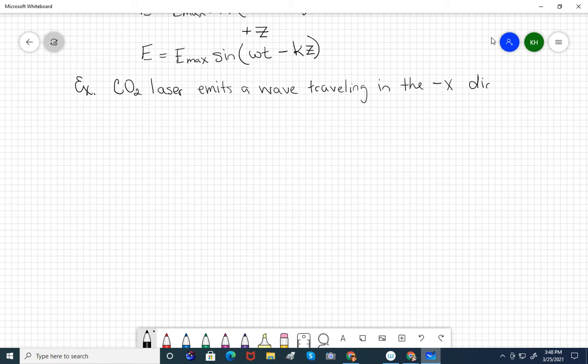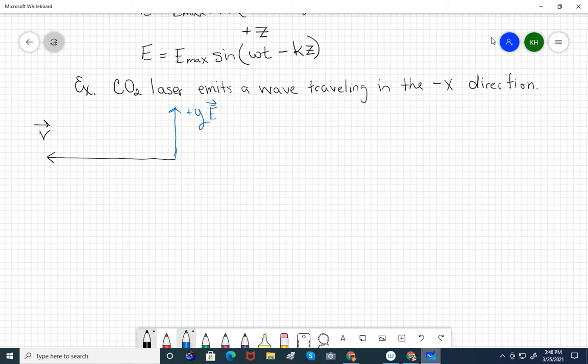We want to think about what that looks like before we put any numbers on it. If the wave is traveling this way, there's our velocity. When the electric field is pointing straight up, that's the positive y direction. Let's think about what's happening if that's the direction of the electric field.